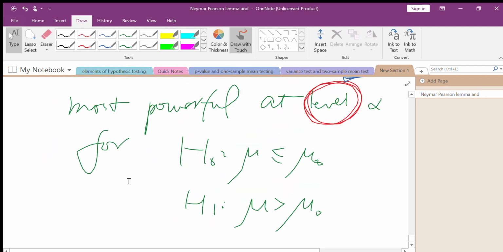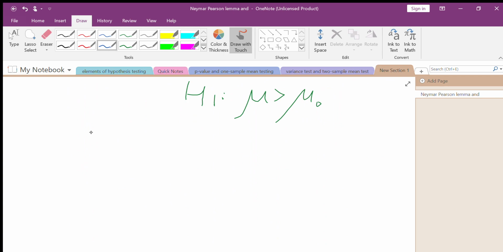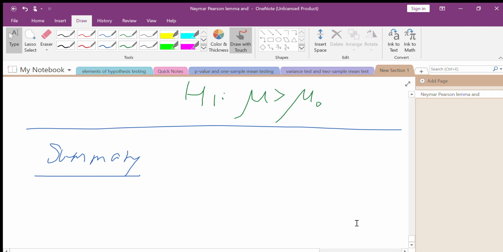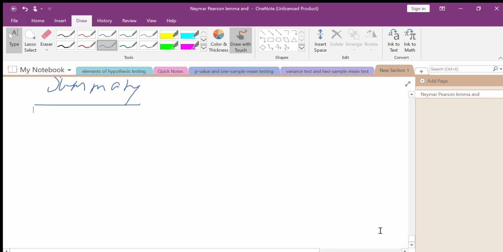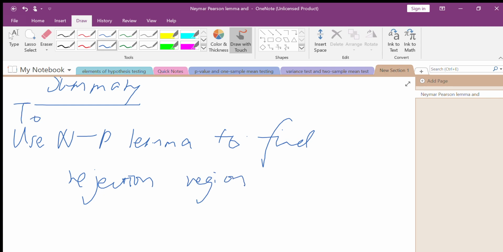So at this stage, we have seen the powerful application of Neyman-Pearson lemma. So let's do some summary. Use NP lemma to find the rejection region.